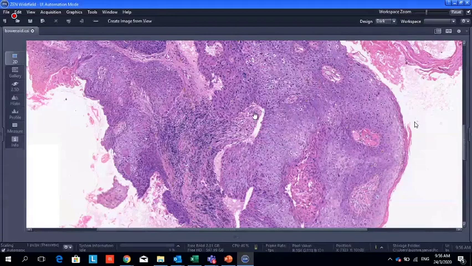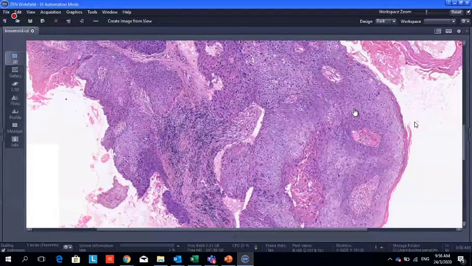In this case, they will remove the whole penis, because it is already invading the underlying tissue, the dermis. In this case, the treatment is penectomy.